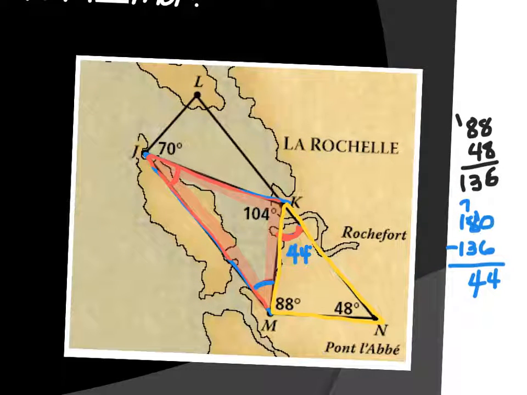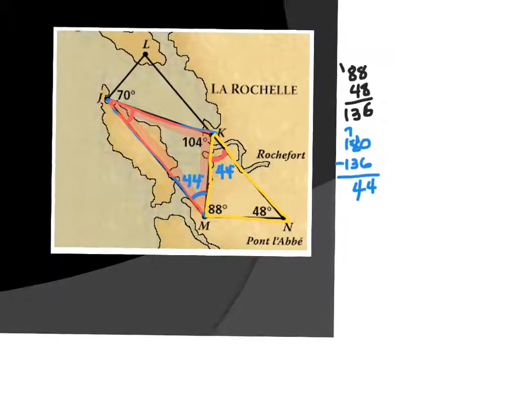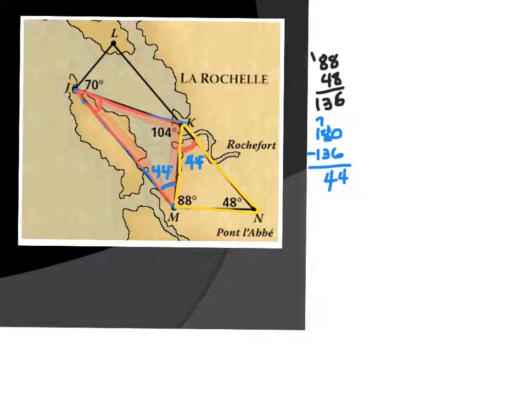Everybody with me so far? Now if that's the top angle and these two are congruent, then this one is also 44. Now do I have enough information to get JKM? Yes. How? Since they're congruent and the same, 104 plus 44, and then you find that answer. Good. And you subtract from 180.